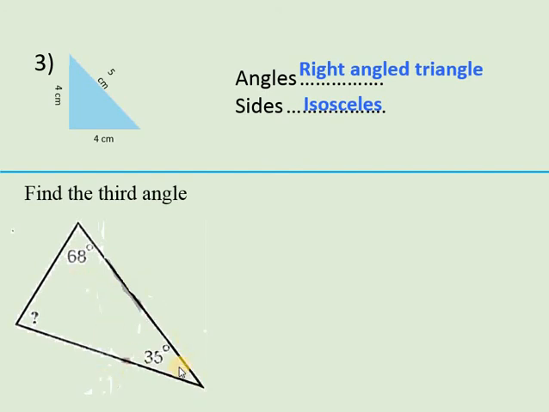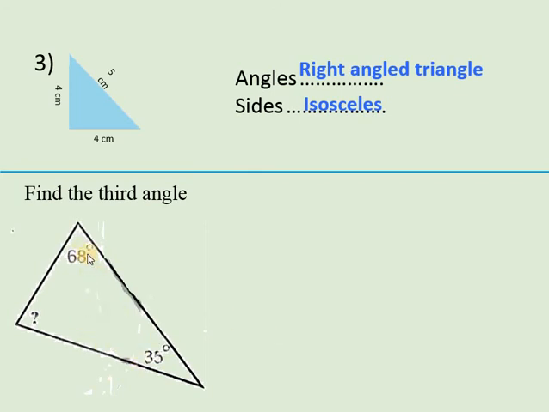All I have to do is add the 2 angles together, and then subtract the result from 180. Why 180? Because the measure of the interior angles in any triangle equals 180.